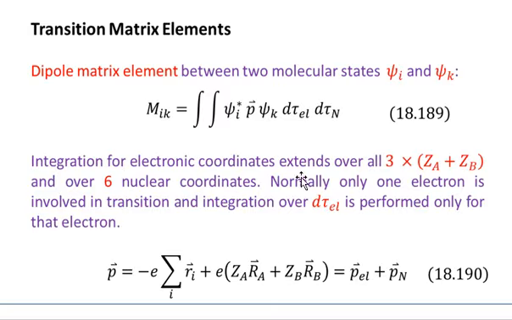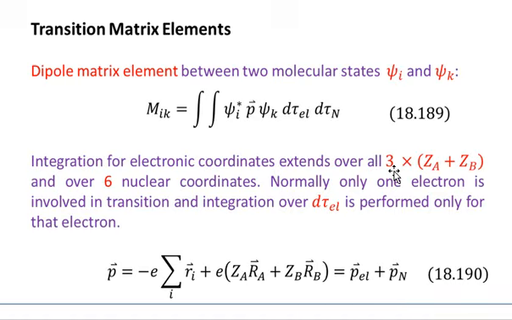Integration of the electronic coordinates extends over all 3 times (Za plus Zb), that is, including all electrons. So Za plus Zb gives you the number of all electrons present in a molecule, and each electron has three axes, so that's why it is multiplied by 3.